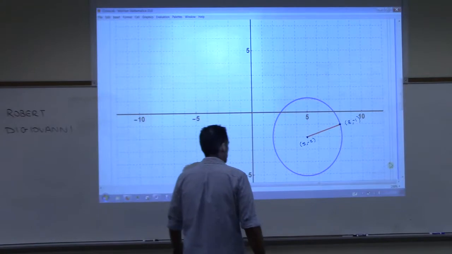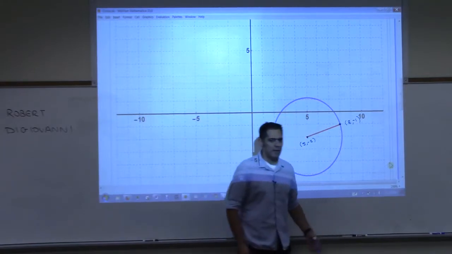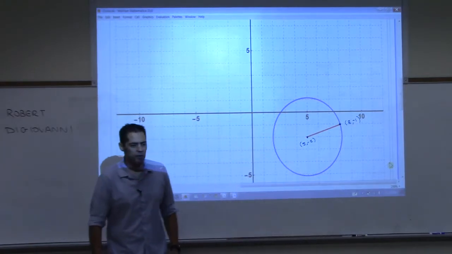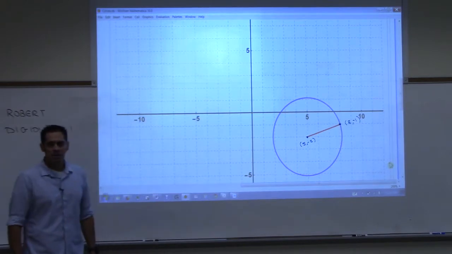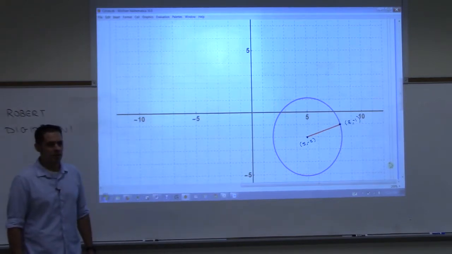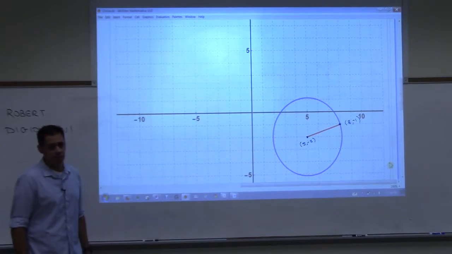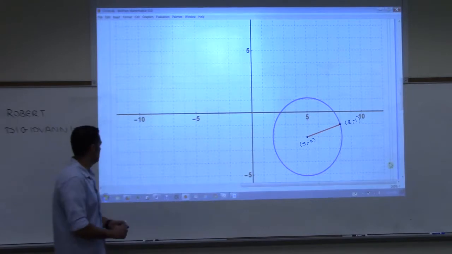There's kind of two ways to approach this. One of them is you would have to know the distance formula. Given 2 points, what's the distance between the 2 points? And there's a formula for it from college algebra. I'm going to put it up here and see if it looks familiar.